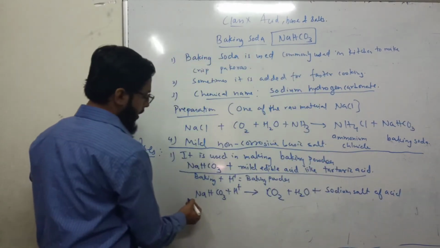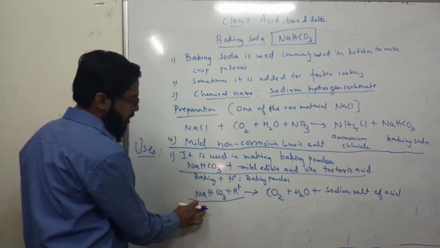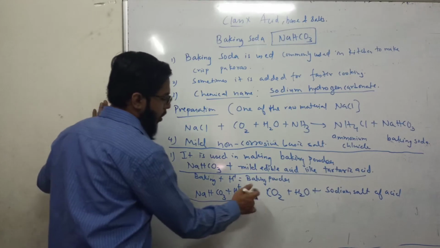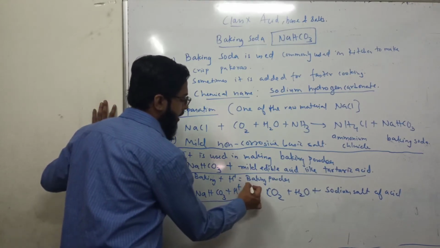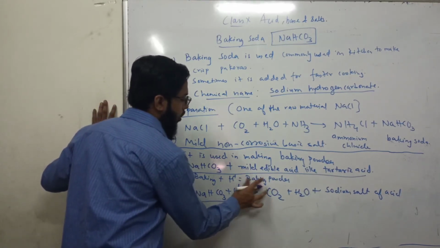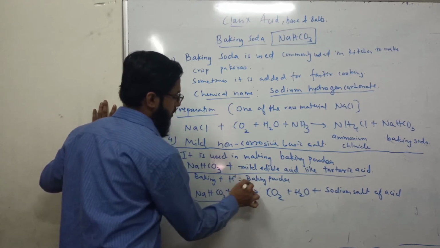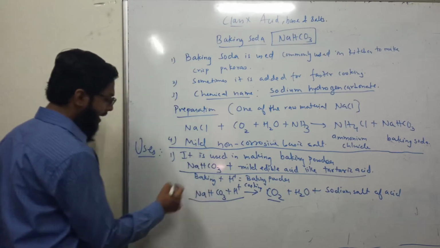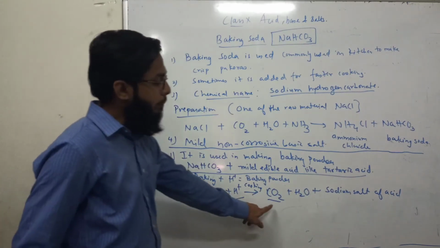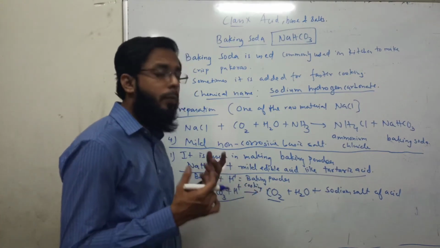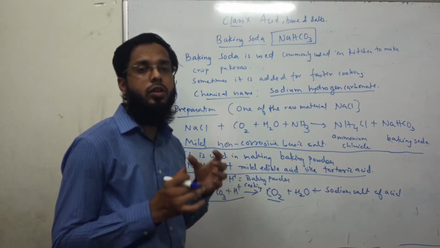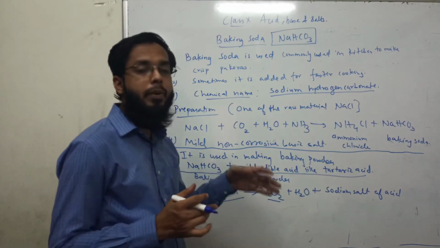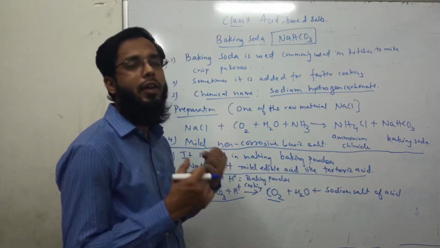So you can see, the mixture of baking soda plus some acid is known as baking powder. During cooking, carbon dioxide is released, and this carbon dioxide makes your bread or cake spongy, soft and rise.